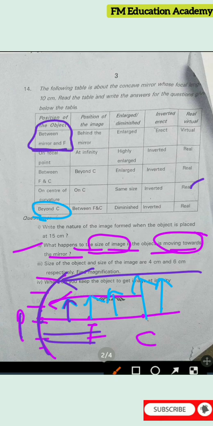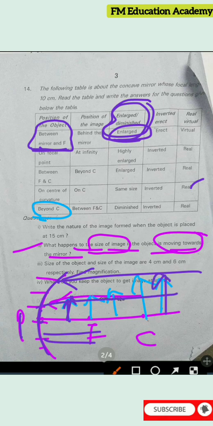So when the object is between mirror and F, how is the size of the image? The size of the image is enlarged. So what will you write? When the object is moving towards the mirror, the size of the image becomes enlarged. Since the object is coming from here to here, we see from the table that when it is between mirror and F, that is when it is very near to the mirror, how is the size of the image?